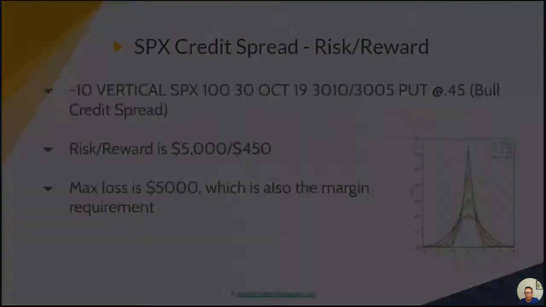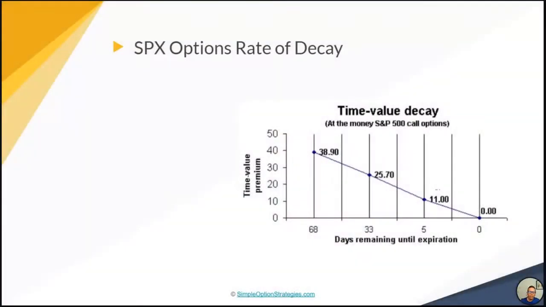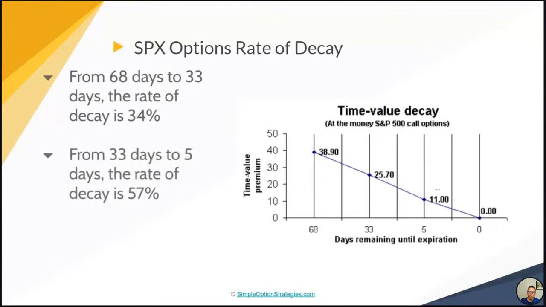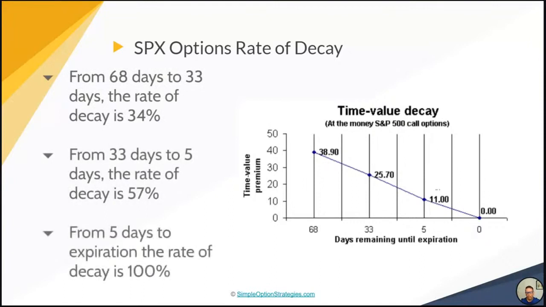All right, so let's talk about decay of options and why this is so important. From 68 to 33 days, the rate of decay is 34%. From 33 to 5 days, it's 57%. And from 5 days to expiration, it's 100%. So you're actually trading on the day that it expires.